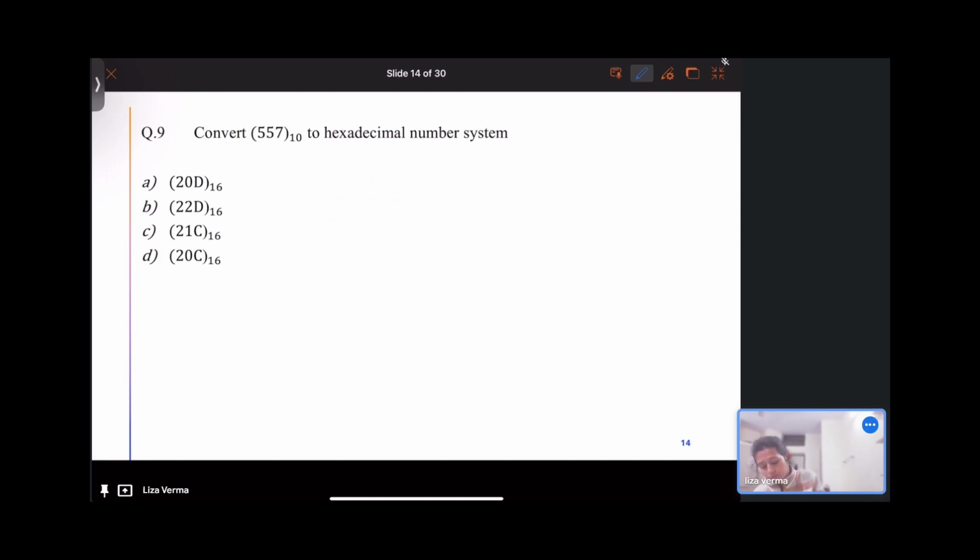So 557 in hexadecimal number system would be, let's keep dividing this by 16. 557 divided by 16 is 34 with remainder 13, or in hexadecimal as we call it, D.